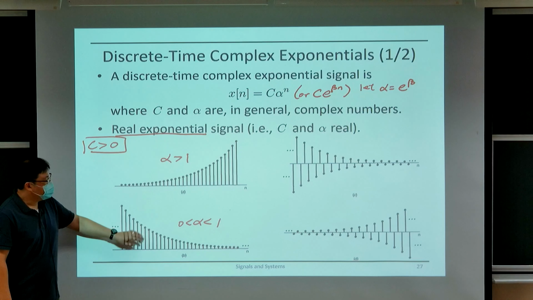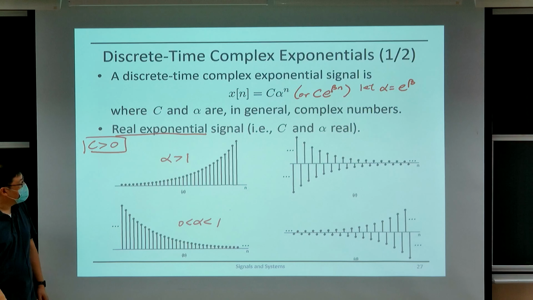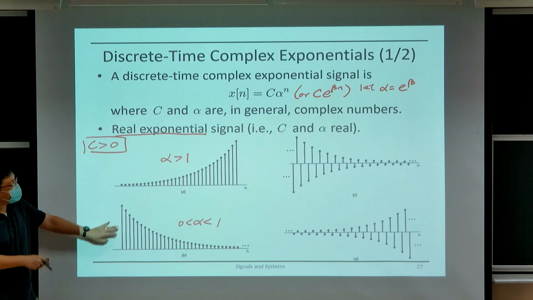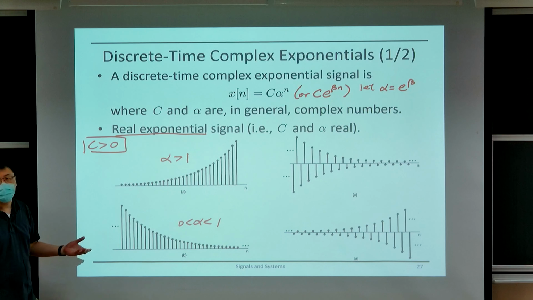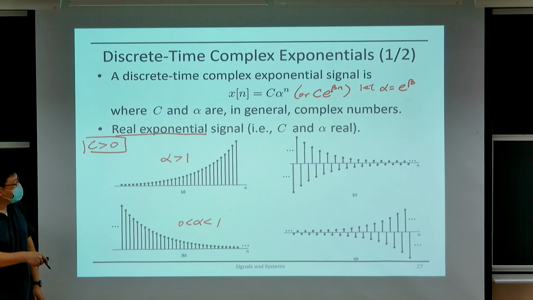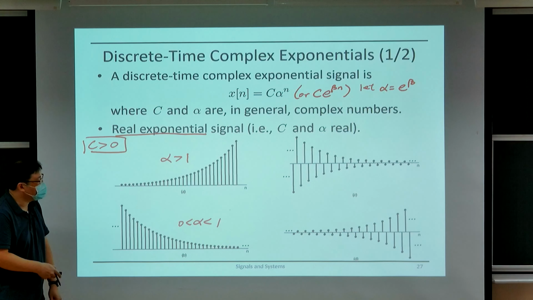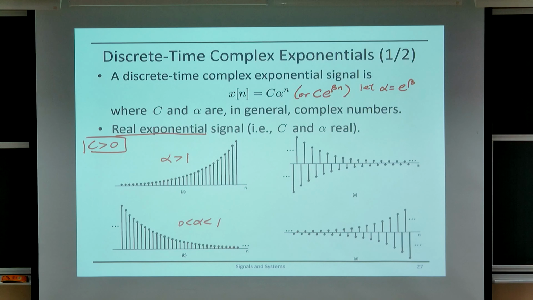What's a little different from before is that now the sign of alpha affects the shape. If alpha is negative, then you will have a sequence that oscillates between positive and negative values. But the magnitude, the shape, still increases or decreases depending on the magnitude of alpha.